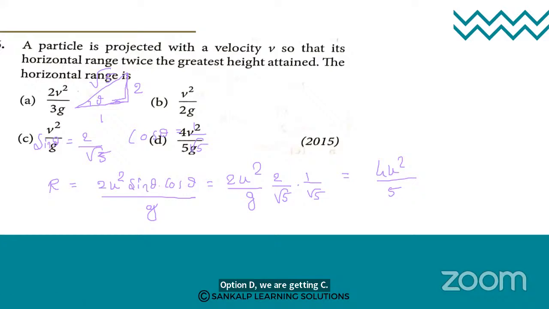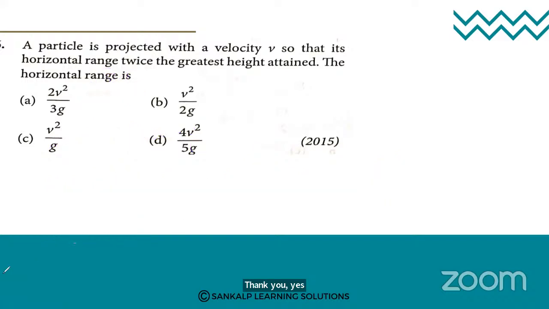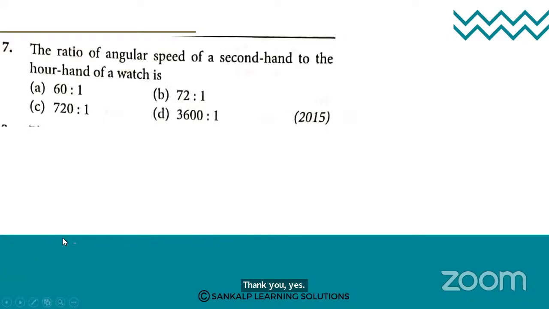A particle is projected with a velocity so that the horizontal range is twice the greatest height attained. So go with the next question.